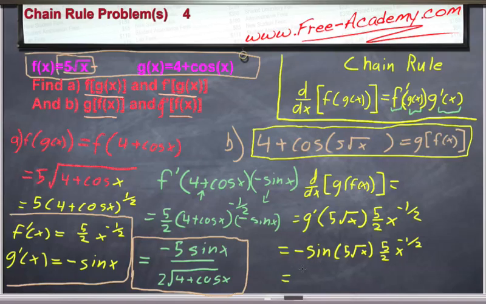And that is equal to negative 5 times sine of 5 root x divided by 2 square root of x, which is incredibly similar to what we have there. They're not exactly the same, but they are similar.